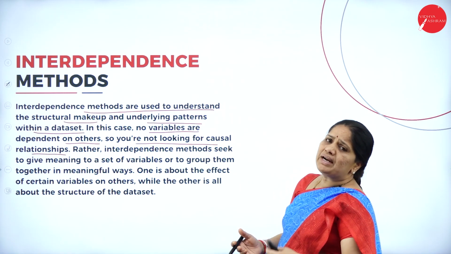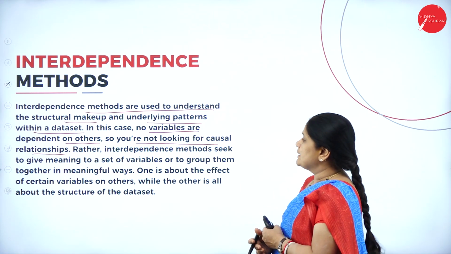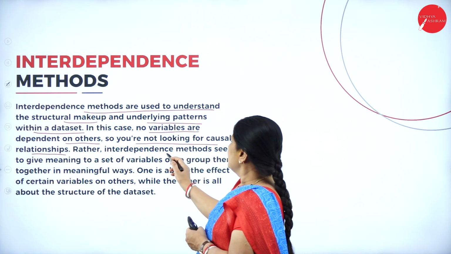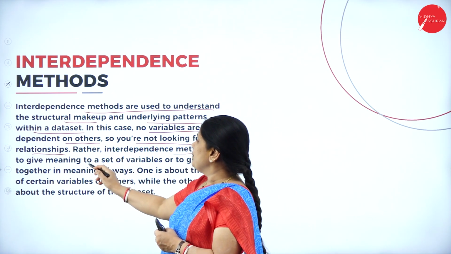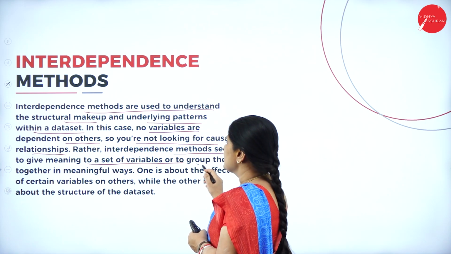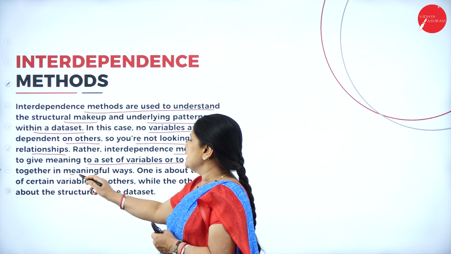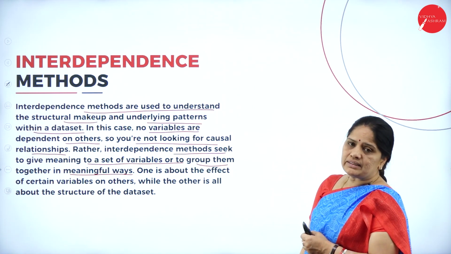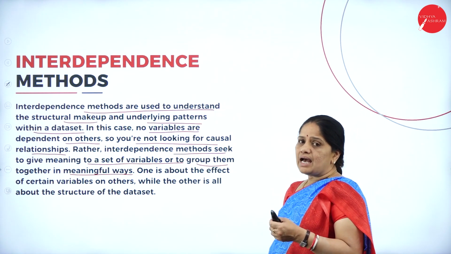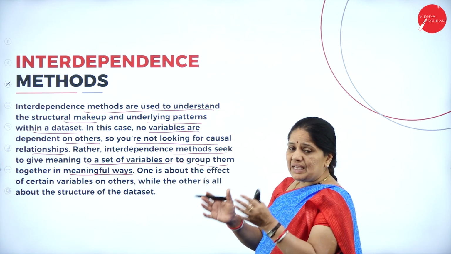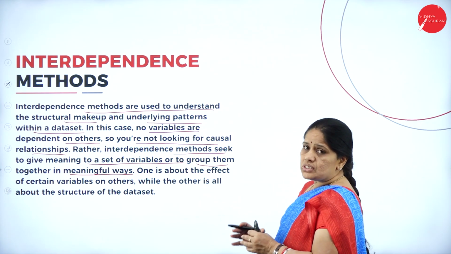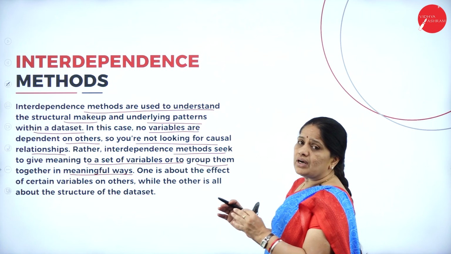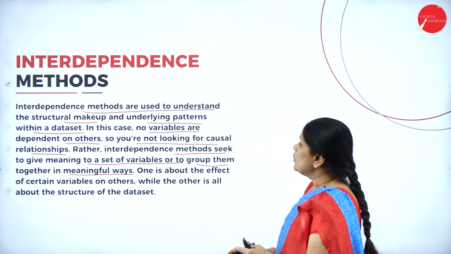They are not dependent on any other factors. Rather, interdependence methods seek to give meaning to a set of variables or group them together in meaningful ways. So, whatever variables are given, this method gives meaning to them and also helps us to group them together.